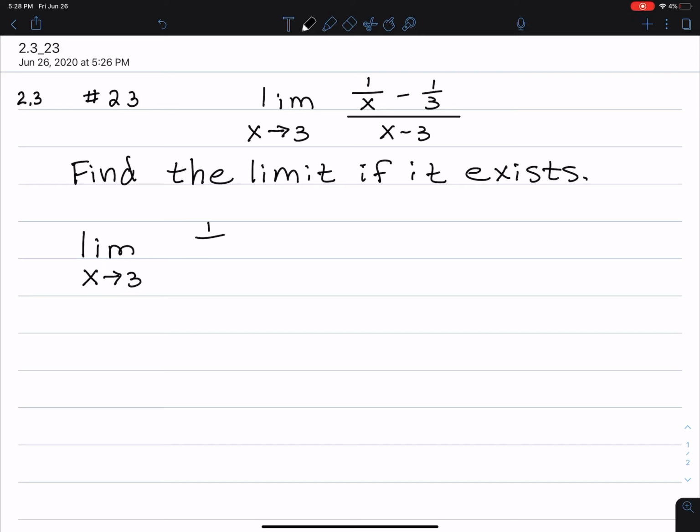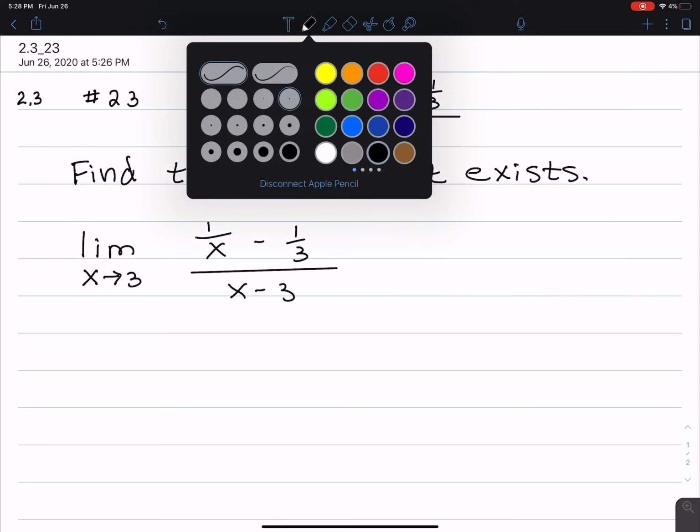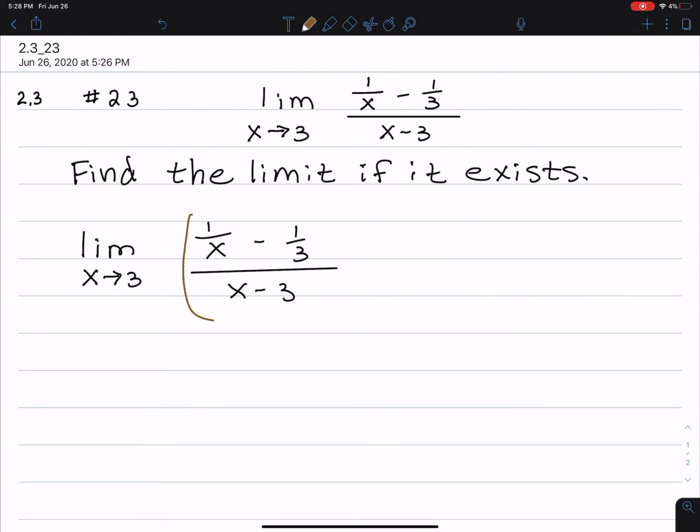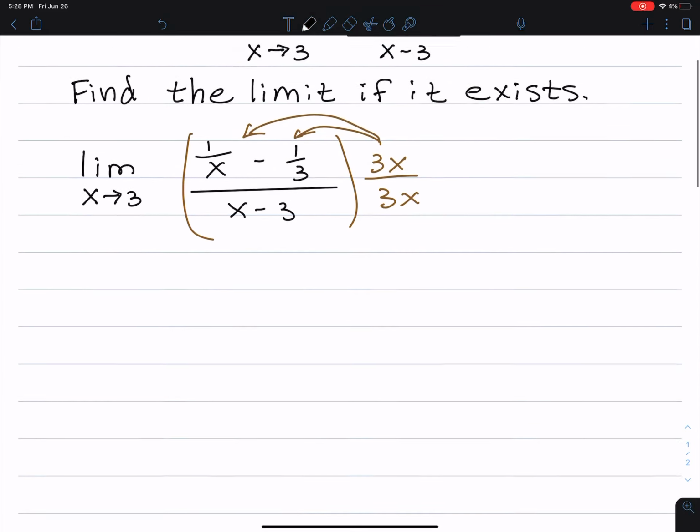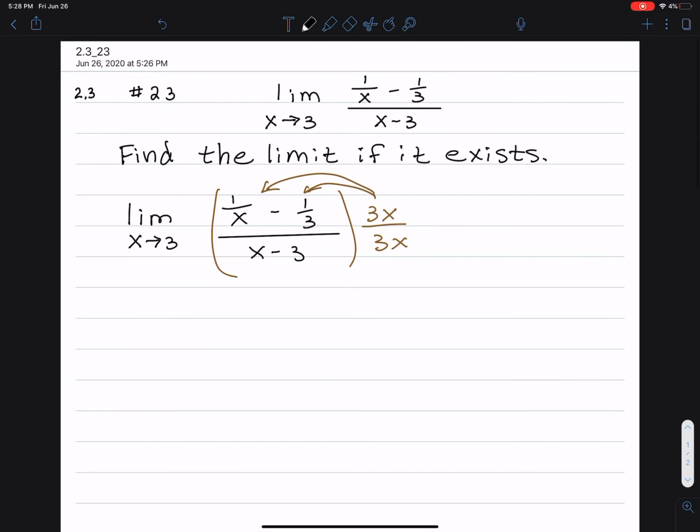I will multiply by the common denominator of 1 over x and 1/3, which is 3x, in the numerator and the denominator. When I distribute that 3x, there will be cancellation, and therefore it'll easily simplify.